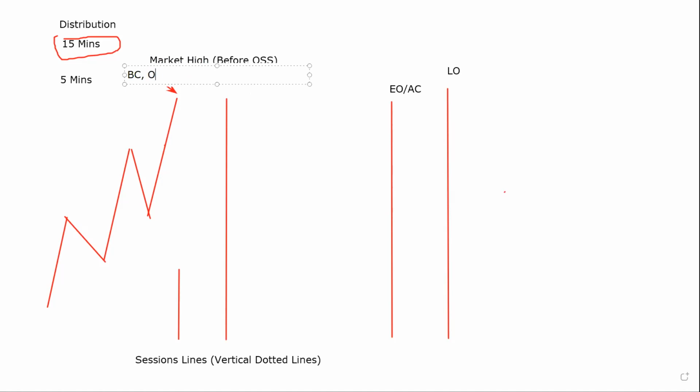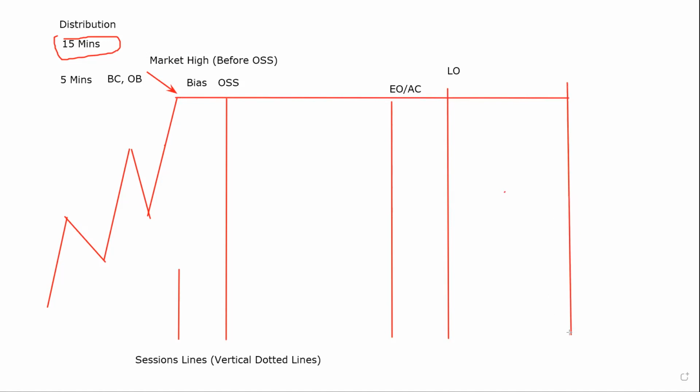Overbought. So at the extreme high, let's suppose this is OSS and OB, you have to draw a straight line over here and extend it all the way to which point? After LO, New York Open, right?